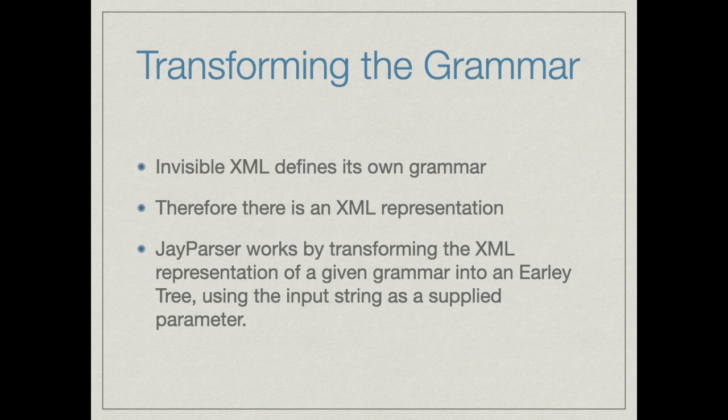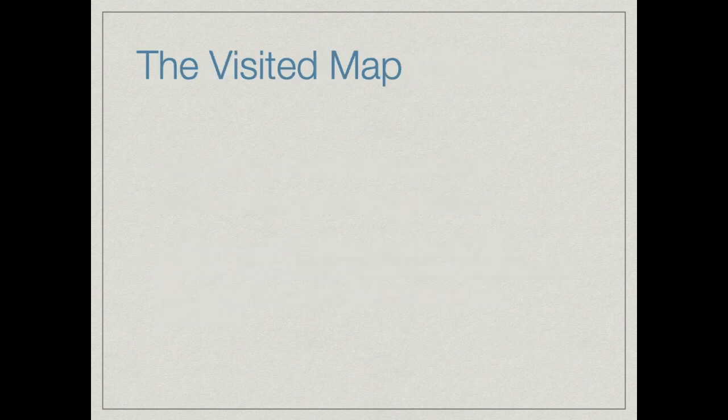Let's take a look at a couple of the structures that we need to use to do so. As the Earley tree is created, we need to know whether each rule or set of alternatives being processed have already been processed in the current state. If a rule has already been visited, we will also need to know which states might result, so that we know where to continue processing.